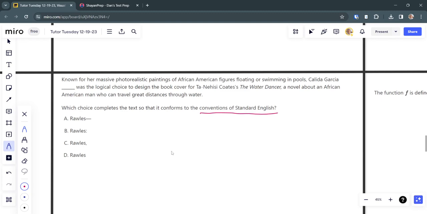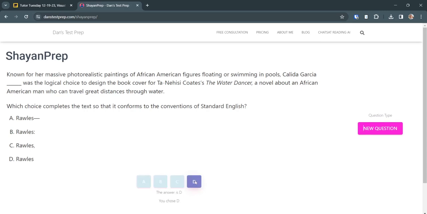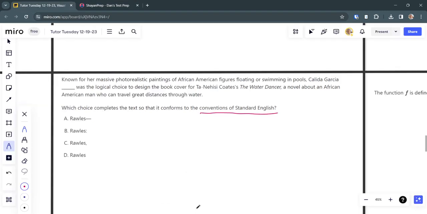Okay. On first glance, I don't think it should have any punctuation, so I'll pick something like answer choice D. A reason for that is that we already put a comma here to separate this dependent clause from the rest of the sentence, the independent clause.